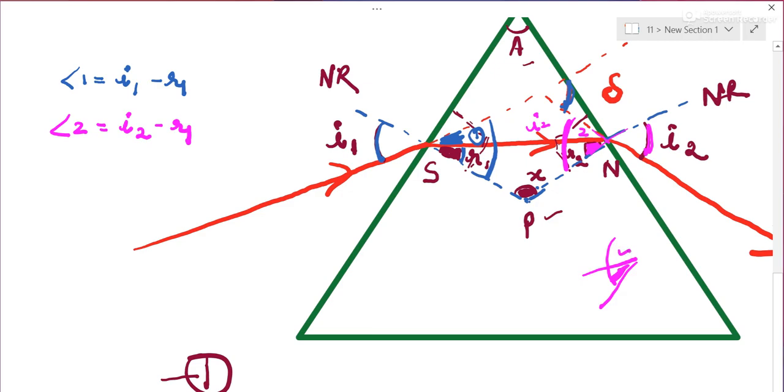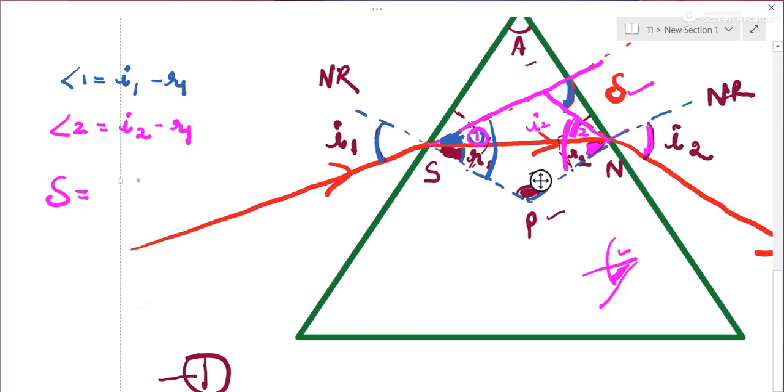After that, now we have angle 1, we have angle 2. This much is angle 2. Okay. And you can see in this triangle, delta is the exterior angle. So the exterior angle will be the sum of the interior opposite angles, that is angle 1 plus angle 2.